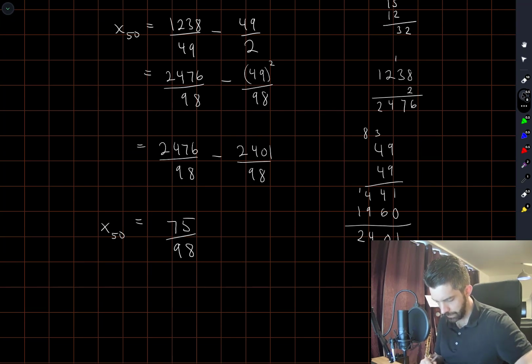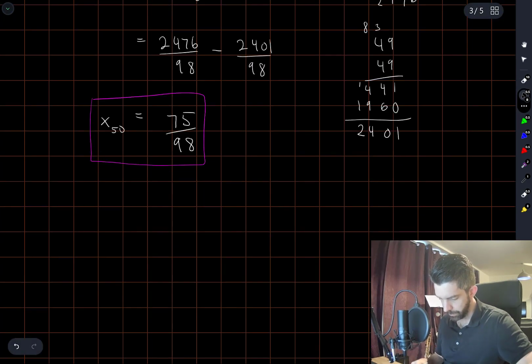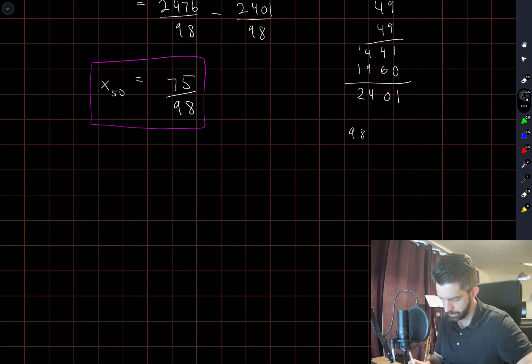So I get that x50 is equal to 75 over 98. I don't believe that's reducible in any way. 98 is equal to 2 times 7 times 7. And 75 is equal to 15 times 5. Or, well, of course, it's equal to 3 times 5 times 5.